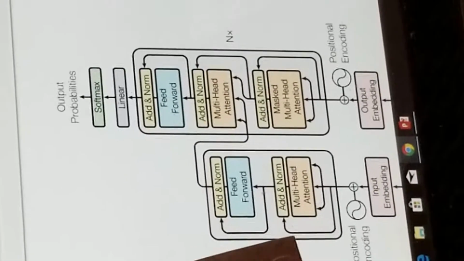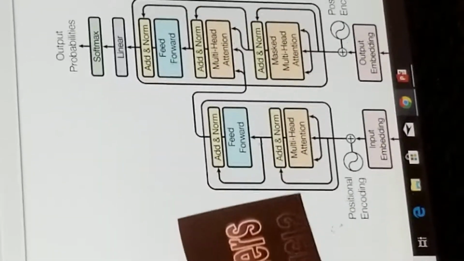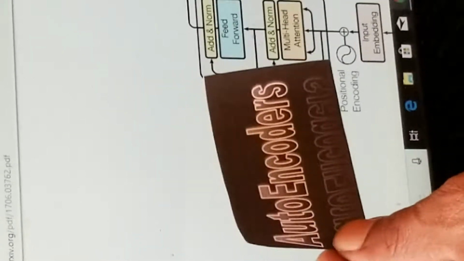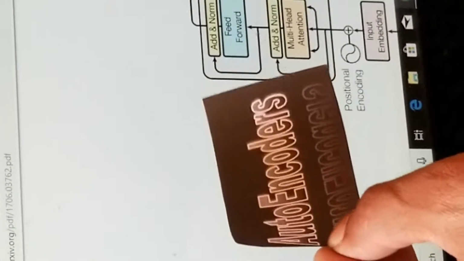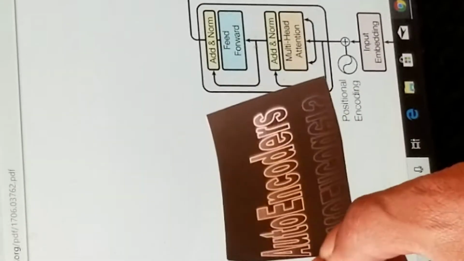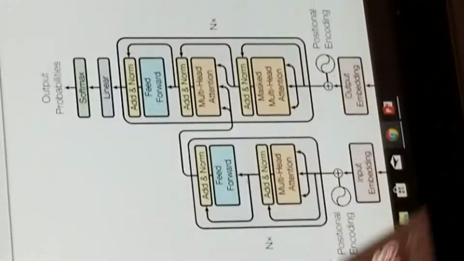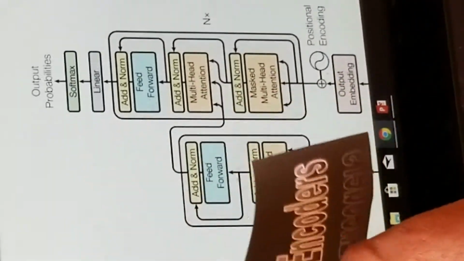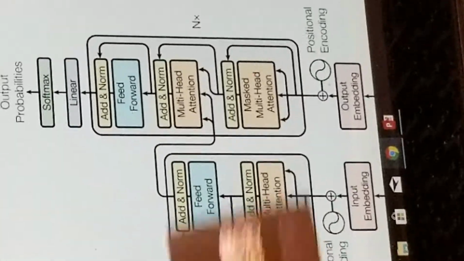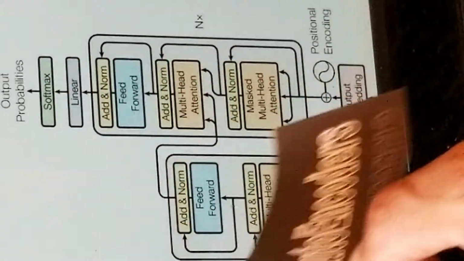How can this transformer construct be transformed into autoencoders? Because autoencoders are symmetrical, one can use this part as the encoder of the autoencoder, and this part as the decoder of the autoencoder.